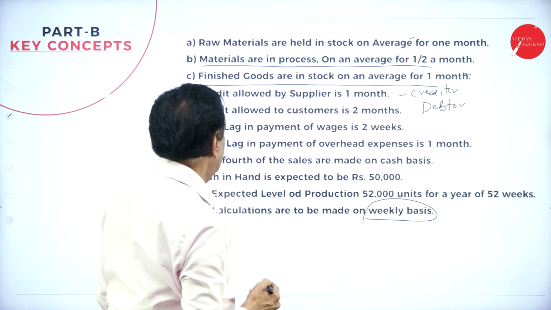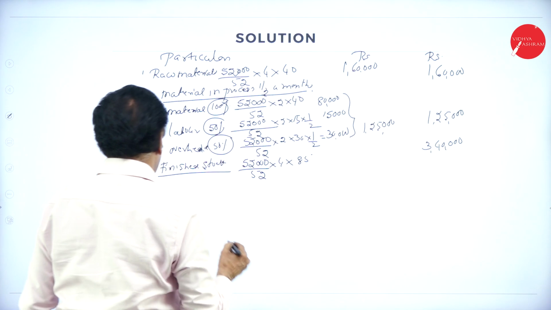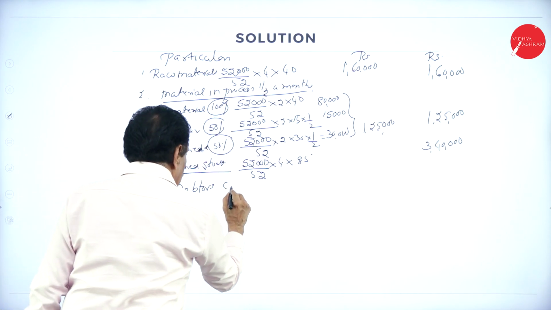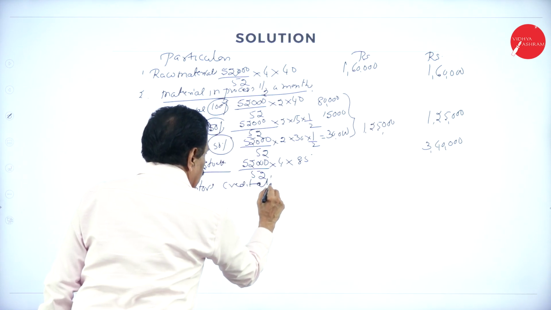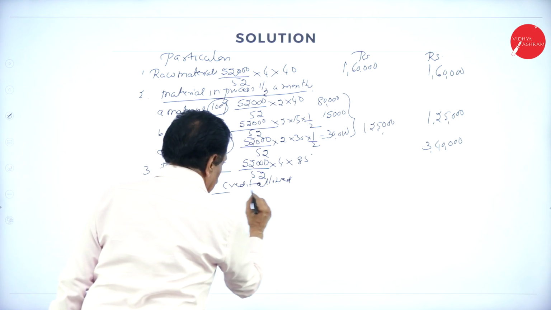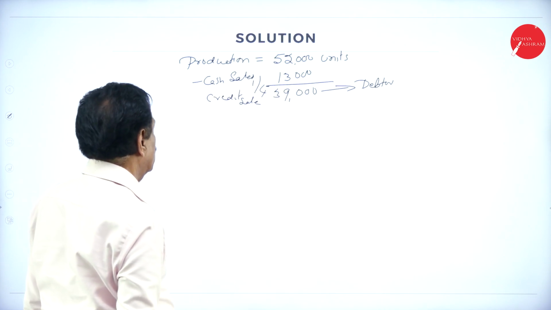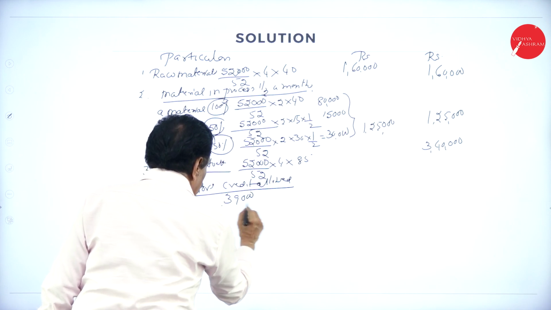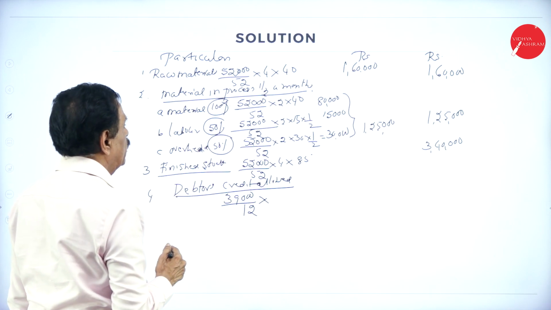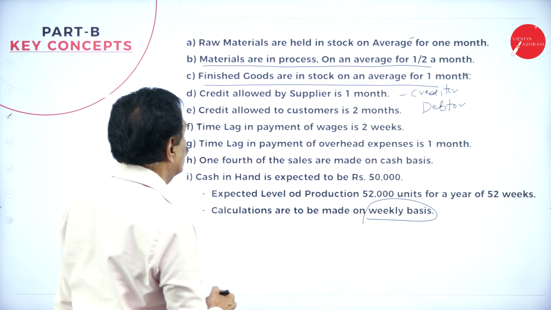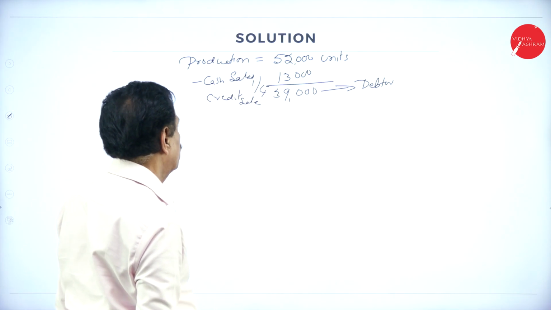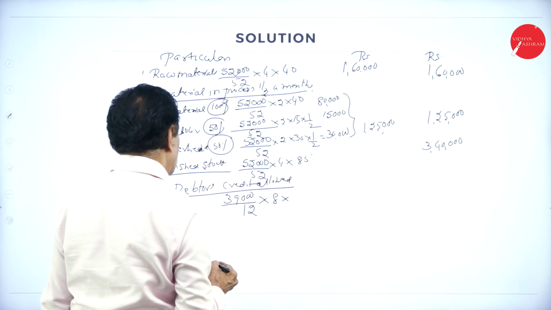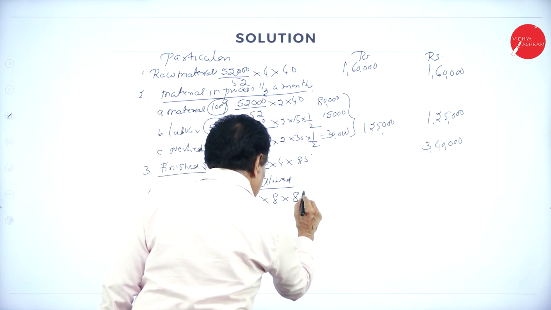Number 4, credit allowed to customer: debtor. So debtor is 39,000 divided by 52, into how many months? Credit allowed to customers is 2 months, 8 weeks, into cost price 85.